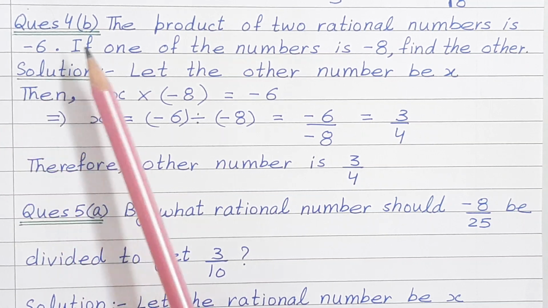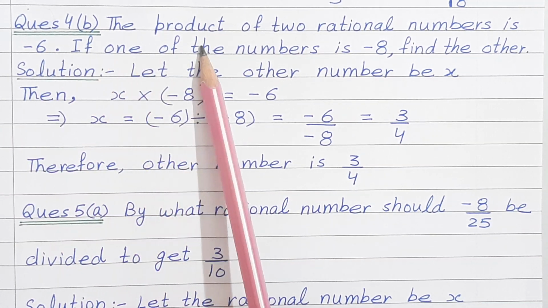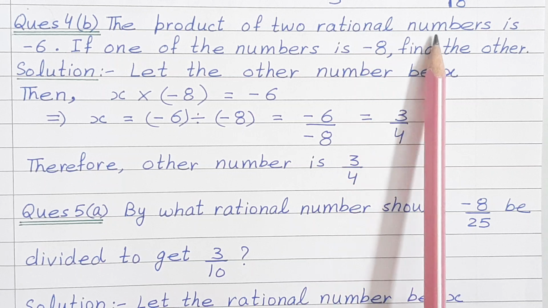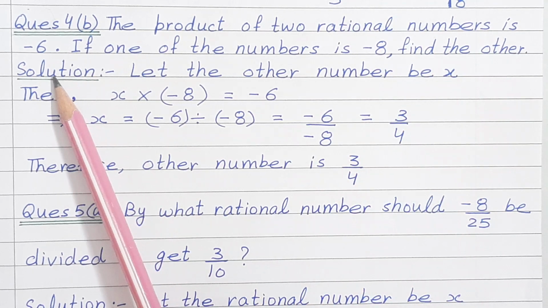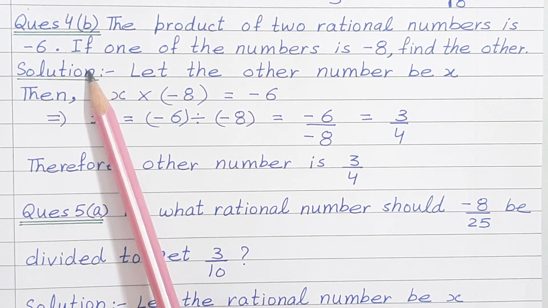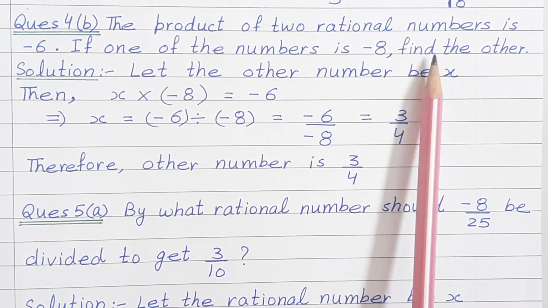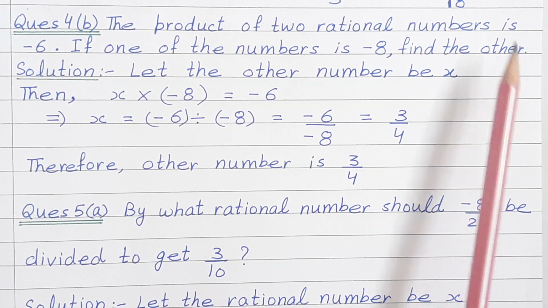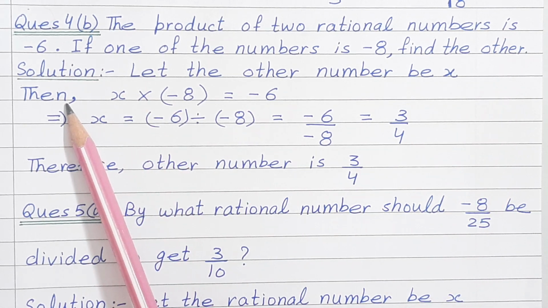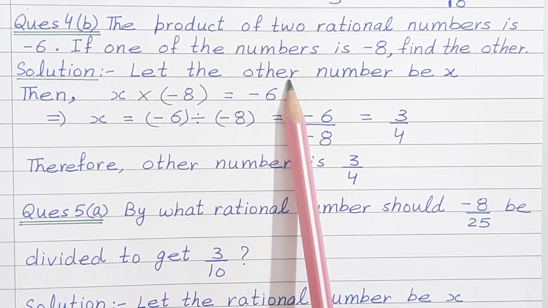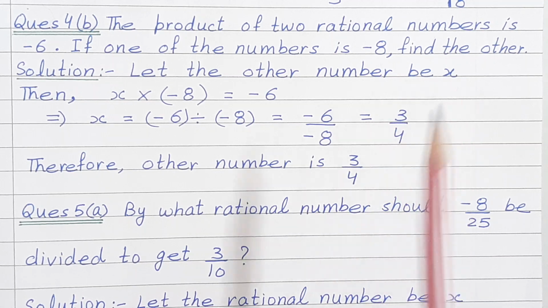Question number 4, B part is the product of two rational numbers is minus 6. If one of the number is minus 8, find the other number. So the solution here is, let the other number be x.